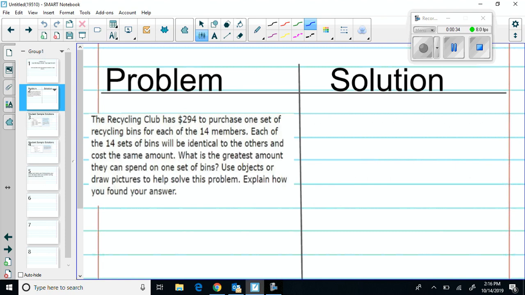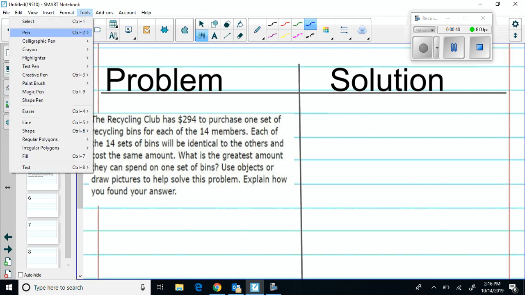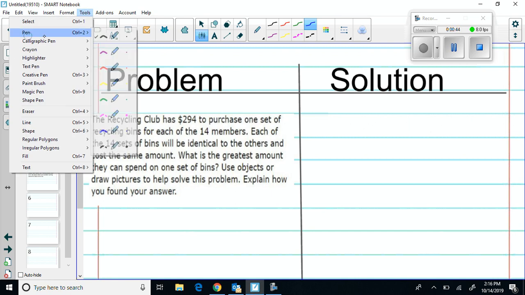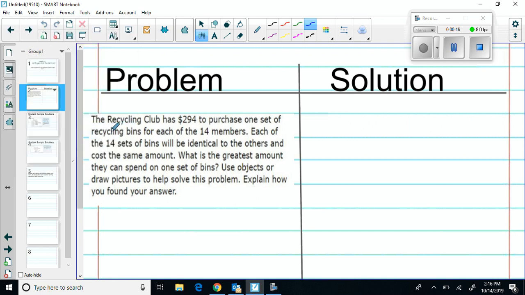Okay, here is our solve and share problem. We're going to follow cubes when we work through this problem. And we're going to read through it first. It says the recycling club has $294 to purchase one set of recycling bins for each of the 14 members.